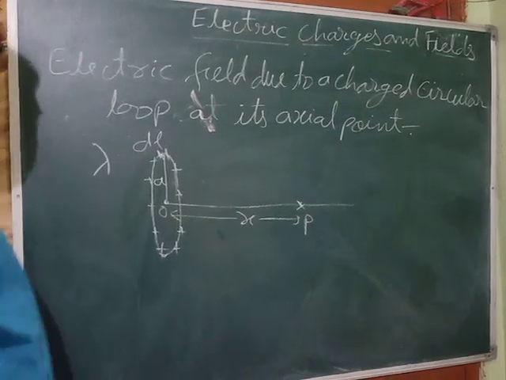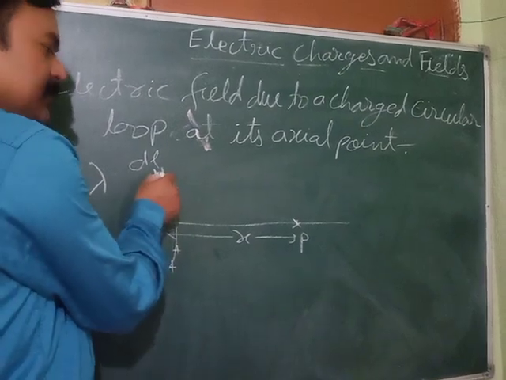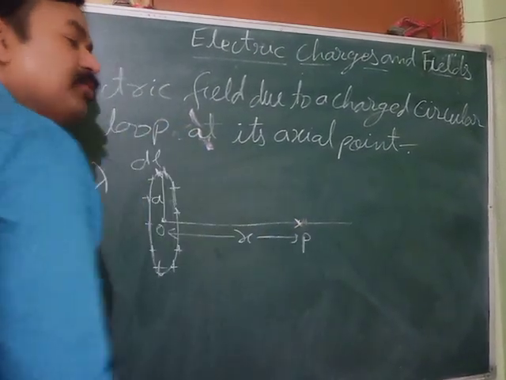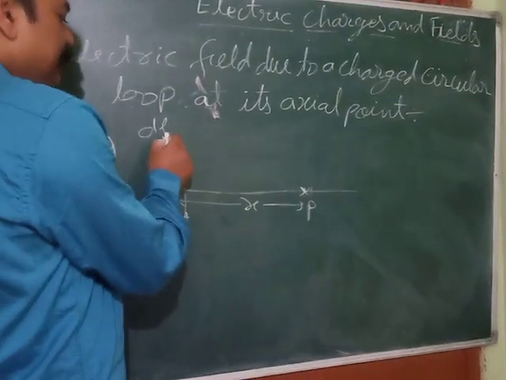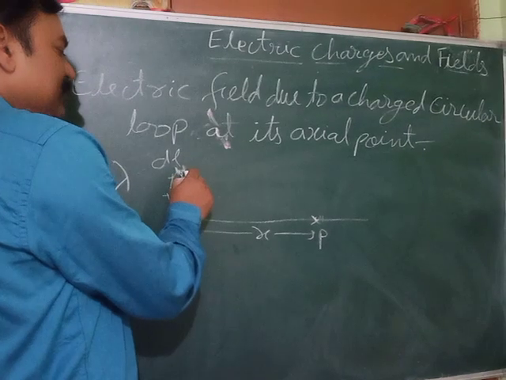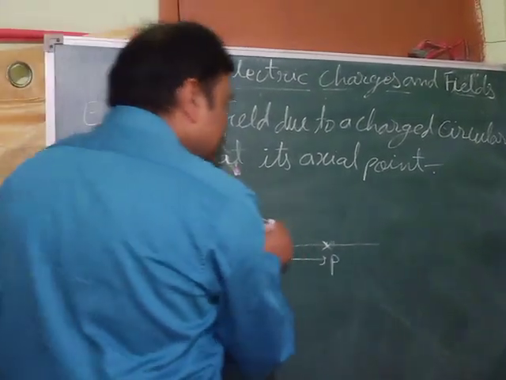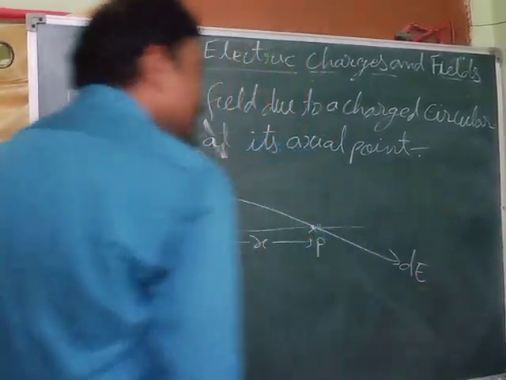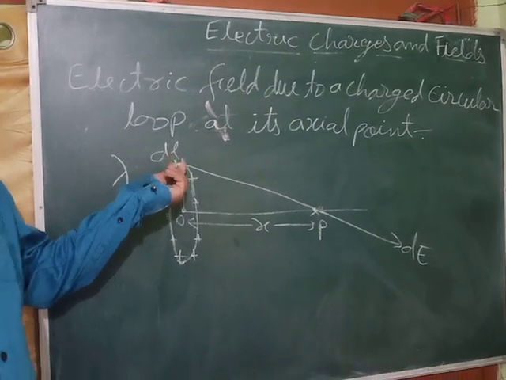Suppose you place a unit positive charge over here in order to determine the direction of the electric field. Whatever charge is present on this small length dl will repel this unit positive charge, so its electric field will be directed like this. I am writing dE, because it is due to a small charge present on this small length.